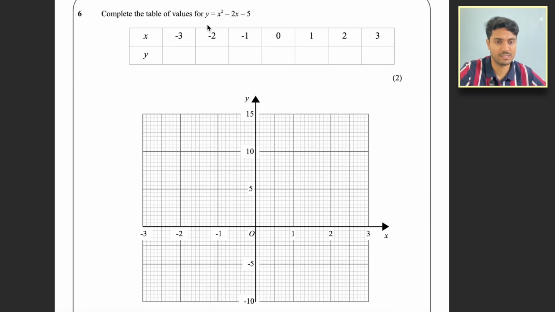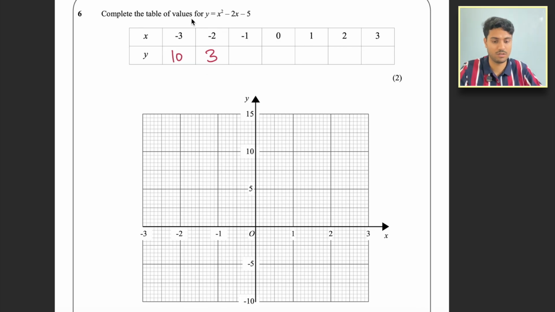Let's move on to question number 6 now. It says complete the table of values for y equals x square minus 2x minus 5. So let's check. First one is negative 3 square minus 2 times negative 3 minus 5, and the answer is 10. At negative 2 we have 3.